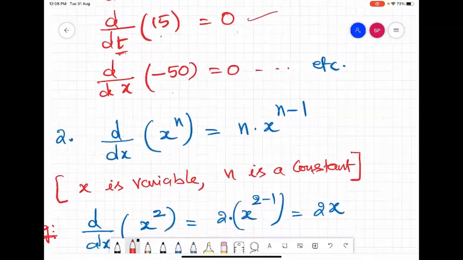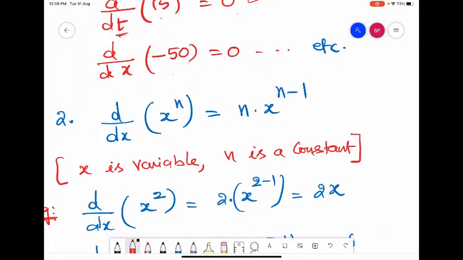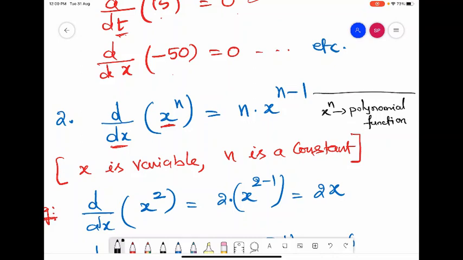Then what is the second important basic formula in ordinary differentiation? d by dx of x power n, which is a polynomial function. You would have learned polynomials in school: x square, x minus 3, x square minus 5x plus 4, all these are polynomial functions.